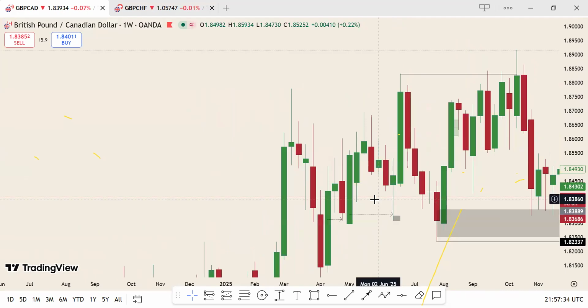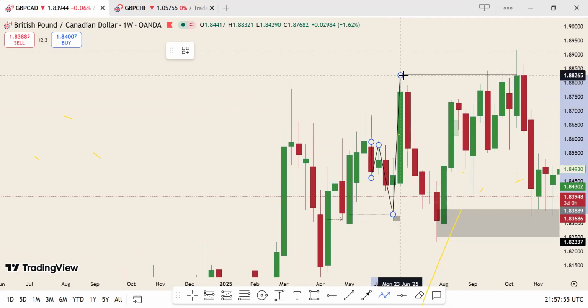If you've been following my charts or following me on Twitter and studying my posts, you know that based on candle theory there is a sweep here. Okay, there is a sweep here and then break of structure.